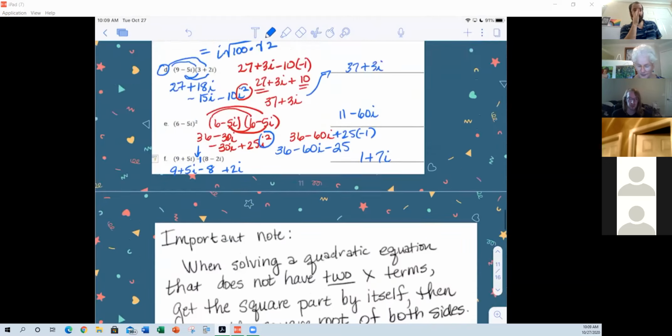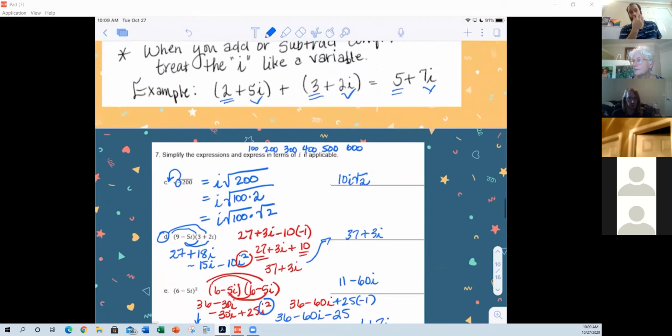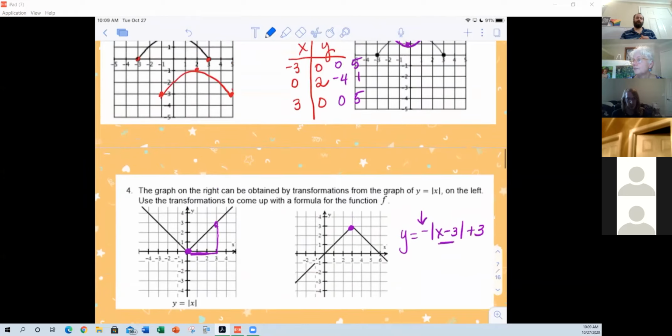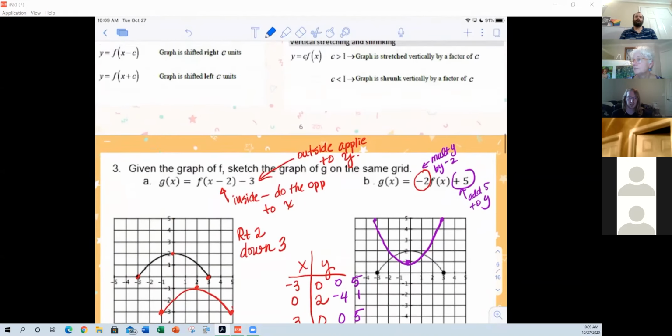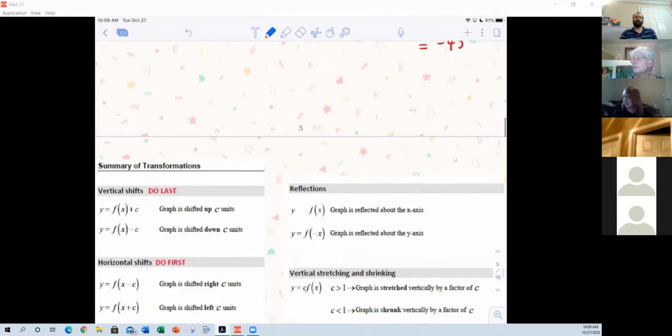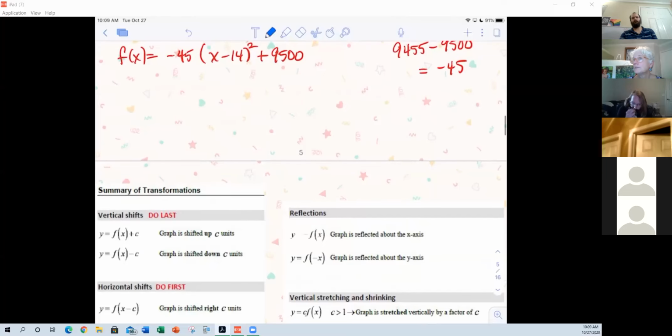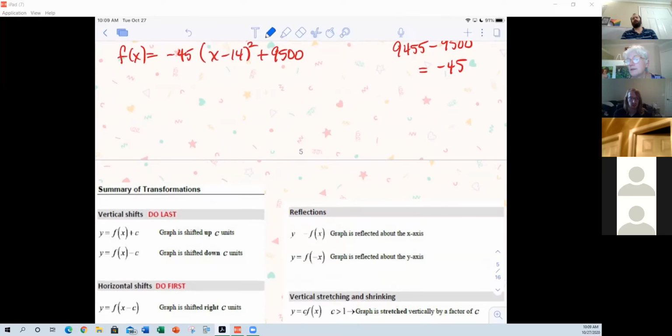I'm just wondering, would we be doing any word problems? Because when I start thinking about these squares, which is a parabola, I start thinking about all the other things like absolute value. But the word problems would just be a parabola? Yep, that's all we've done. The only word problems you'll see in this section have to do with quadratics.